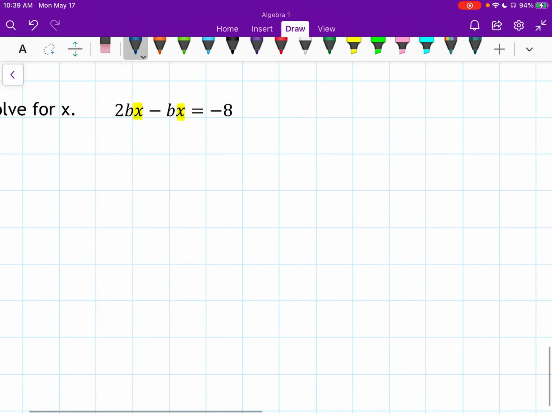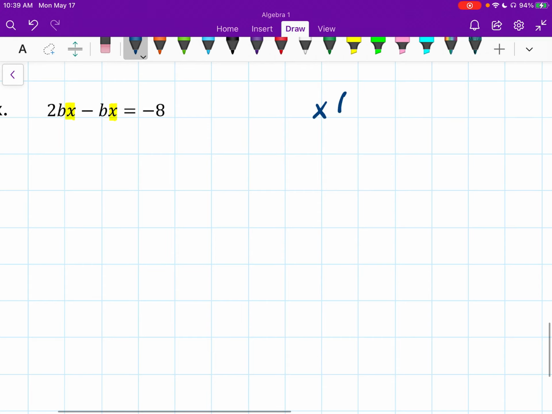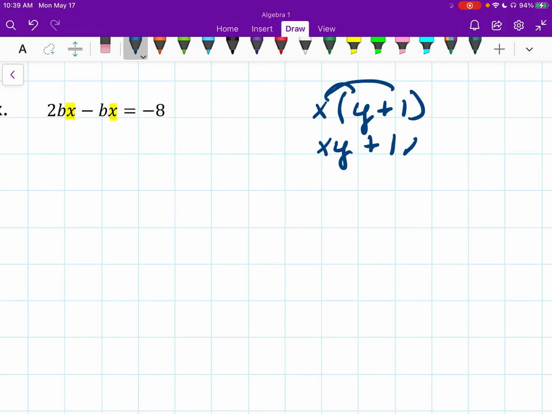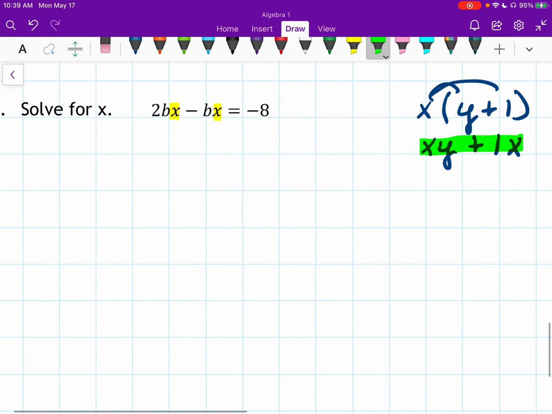So we know that if we had something like x times, I don't know, y plus 1, we distribute our x and we'd have xy plus 1x.